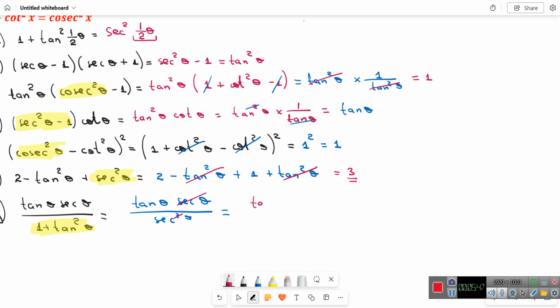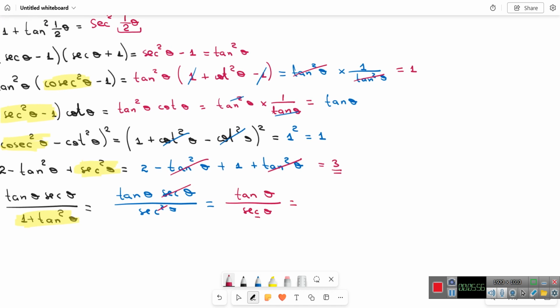We have tan theta over sec theta. I can write 1 over sec as cos theta.